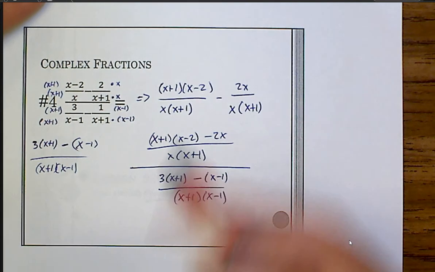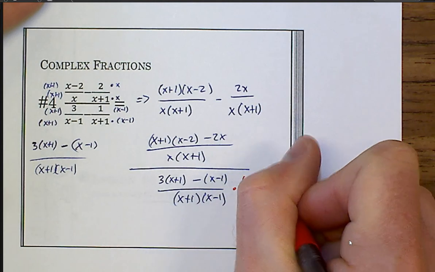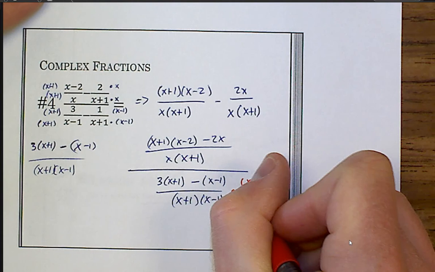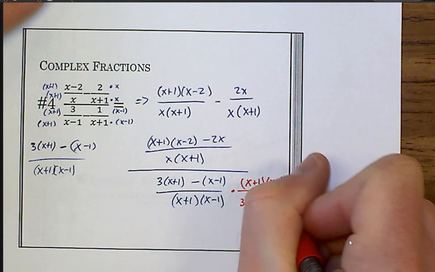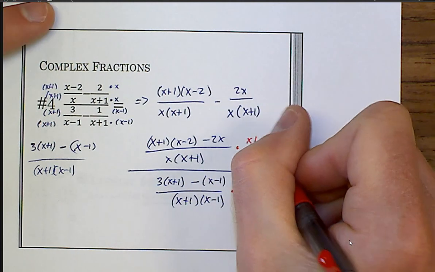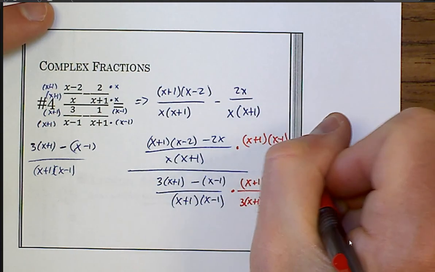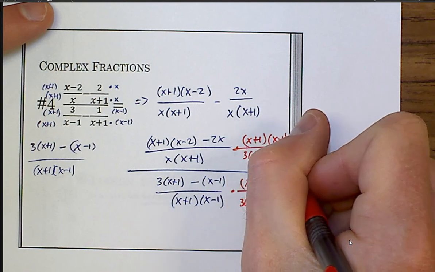So now what I'm going to do is multiply by the reciprocal. Oops, there's a minus sign in there. Minus x minus 1.